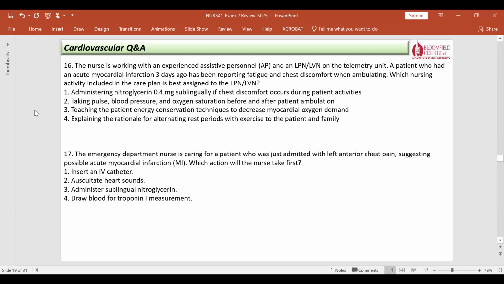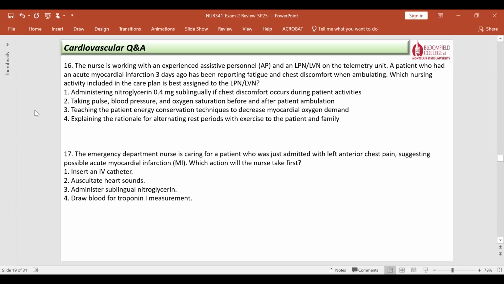Professor, is it because the client has MI, so you say is an unstable patient? It's unstable if the patient had developed the MI today. In 2-3 days from now, the patient is not considered to be unstable. Unstable is the onset of the acute MI within the 24 hours.